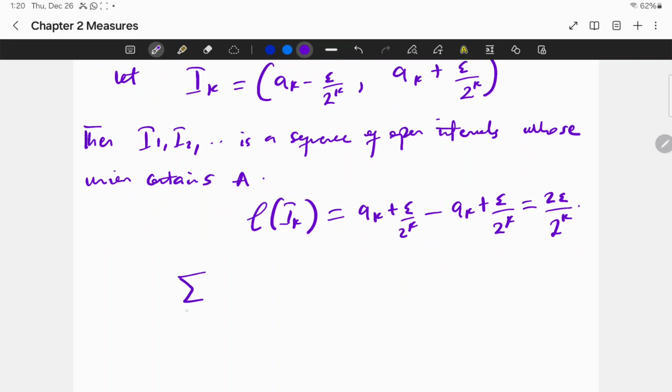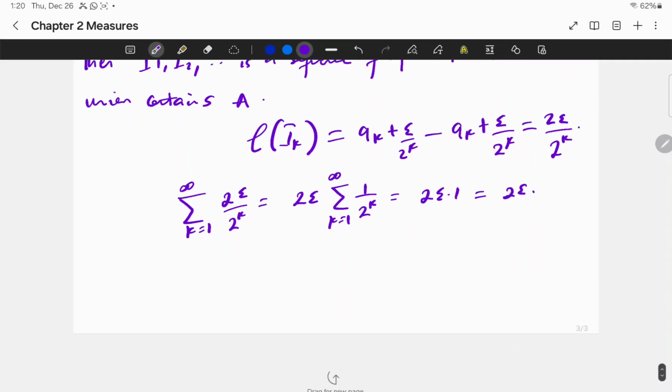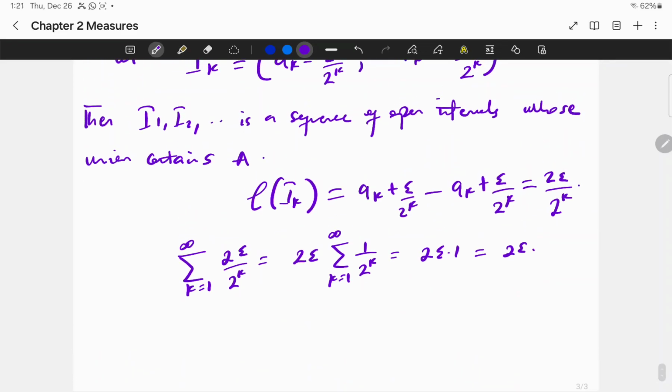Then the summation of k equals 1 to infinity of 2 epsilon over 2^k equals 2 epsilon times the summation of 1 over 2^k, and this is a geometric series that equals 1. So we have the outer measure of A less than or equal to 2 epsilon.